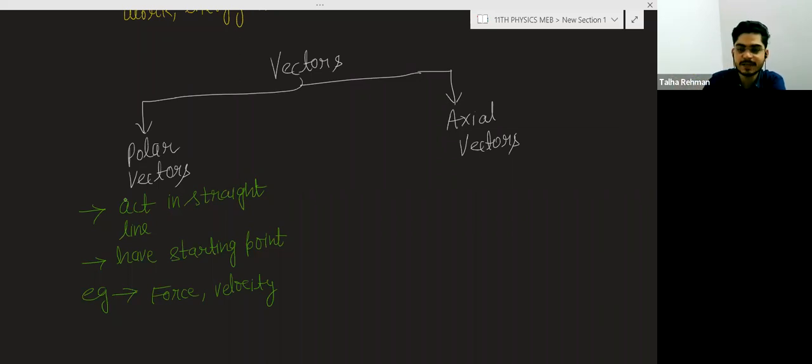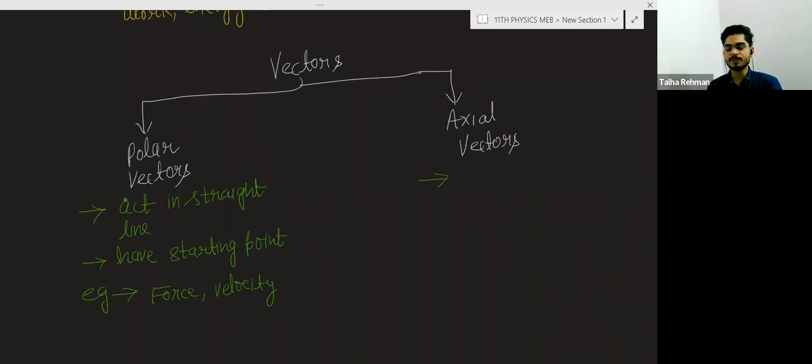And axial vectors are something different. Axial vectors are the vectors which produce rotational effect. Rotational effect means suppose a fan is rotating, or suppose the earth is rotating. For describing the motion of the earth, there is a requirement of some vectors. Those vectors we call axial vectors.